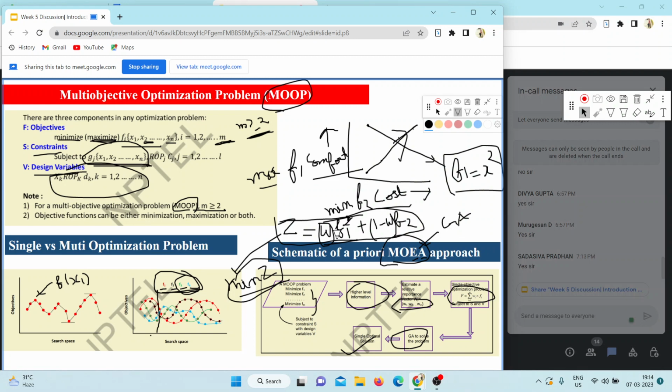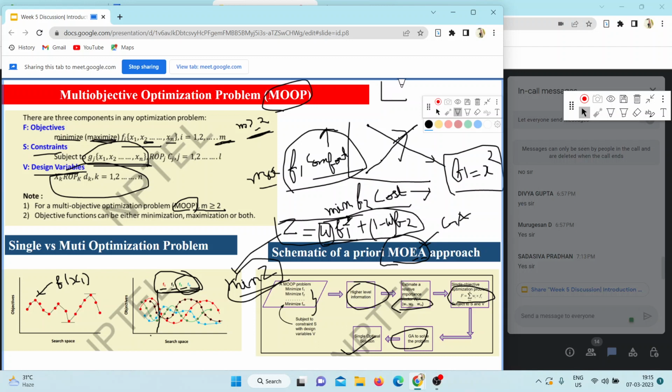Okay, sir. The equation you written is J equals w into f1 plus 1 minus w f2. Yeah. What is f1, what is f2? F1 is a different objective. F1 is your comfort, right? F2 is your cost. Your comfort could vary with some other parameter, like an input parameter, like f1 could vary with money or something like this.